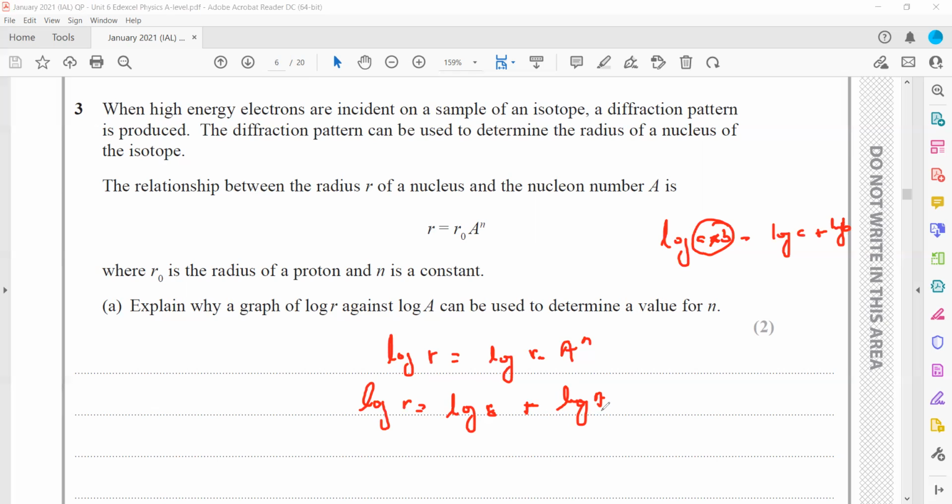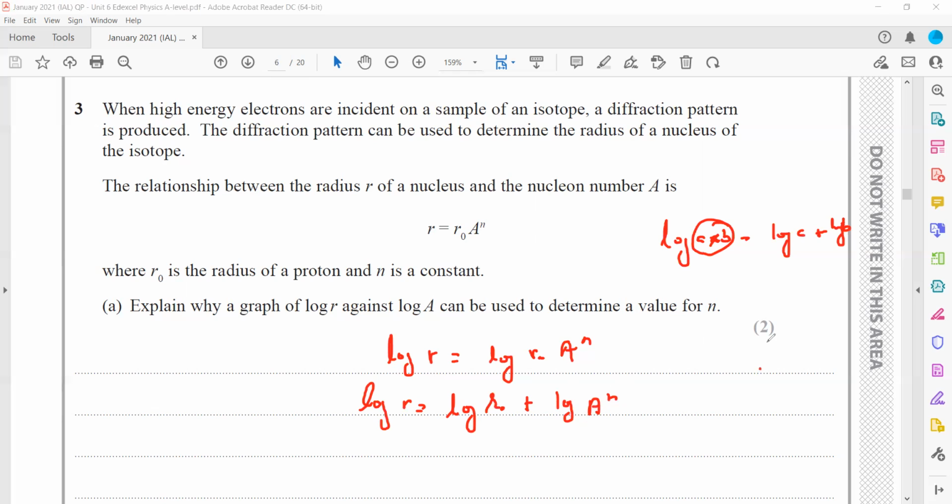If we further simplify, this is log R naught plus log A^n.